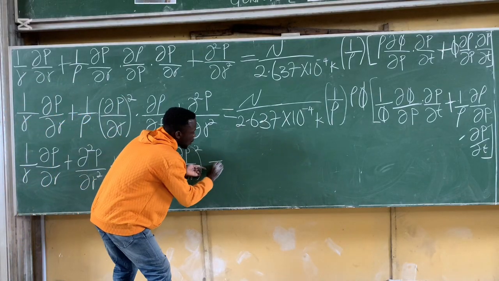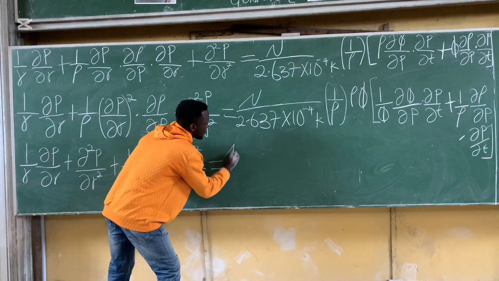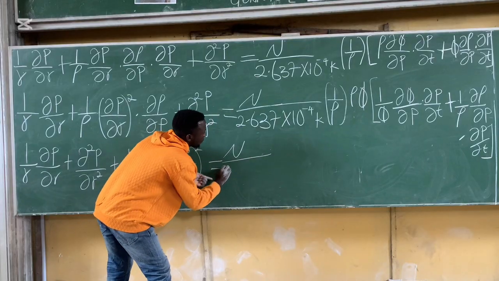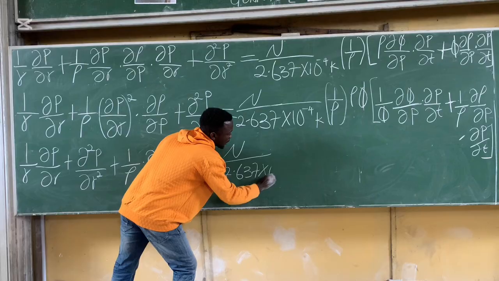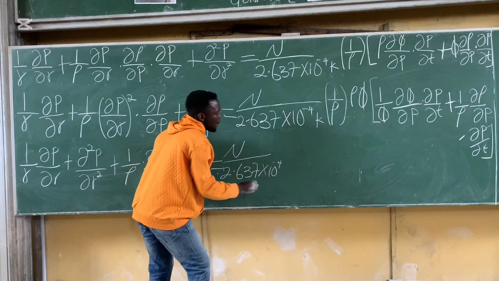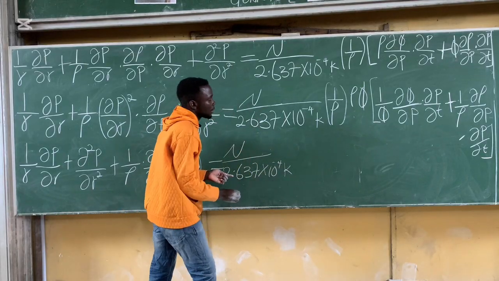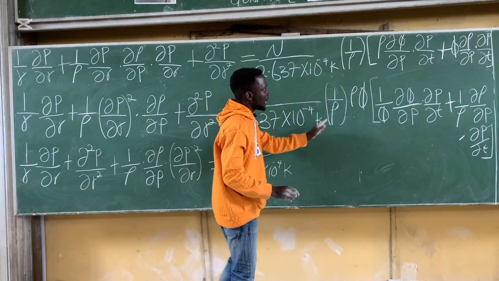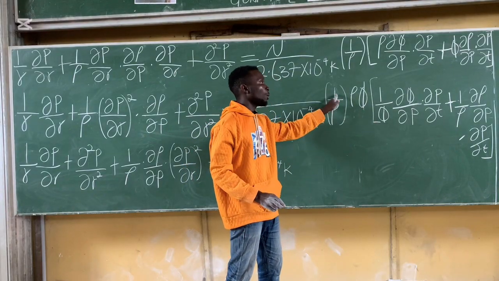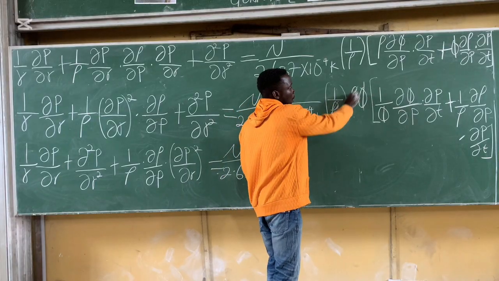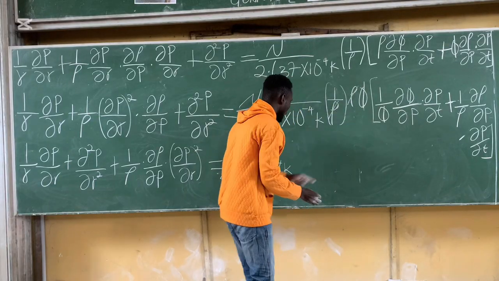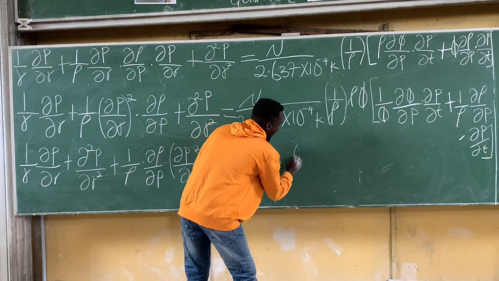Then this is equal to mu divided by 2.637 times 10 raised to the power of minus 4 k. Now if you look, this is 1 over rho. 1 over rho times rho phi. You see that rho here, you cancel this rho. So we are left with what? Phi.